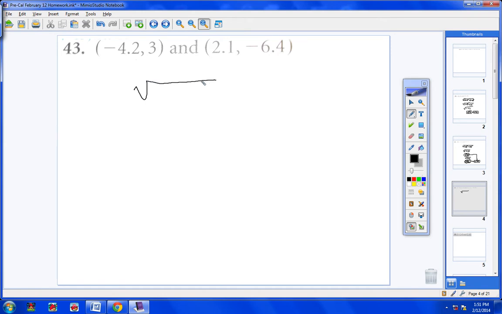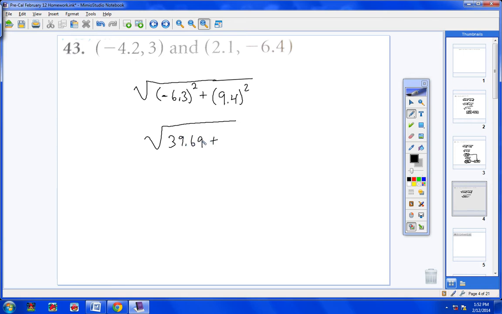All right, number 43. X minus x, negative 4.2 minus 2.1 would be a negative 6.3, and of course that's squared, plus, and then y minus y would be 3 minus a negative 6.4, that's a positive 9.4 squared. When you square 6.3, or a negative 6.3, you come up with 39.69.